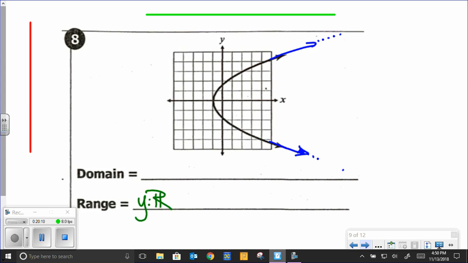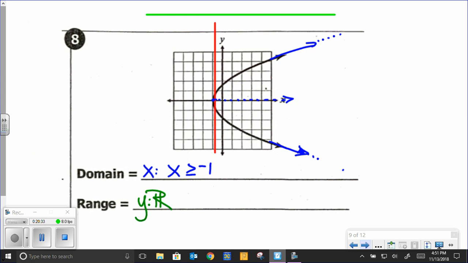Now my x values are not going to be all real numbers. X is going to be, and if I look at this, it starts right here. That's where it's starting, so it's going to include that number. And it's going to go in this direction here. That means that x is greater than or equal to -1. Again, let's use that line test to see.